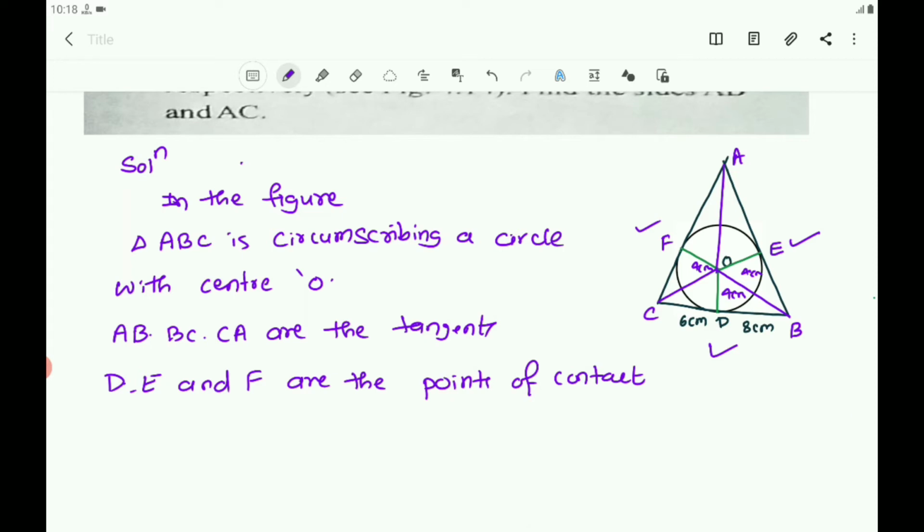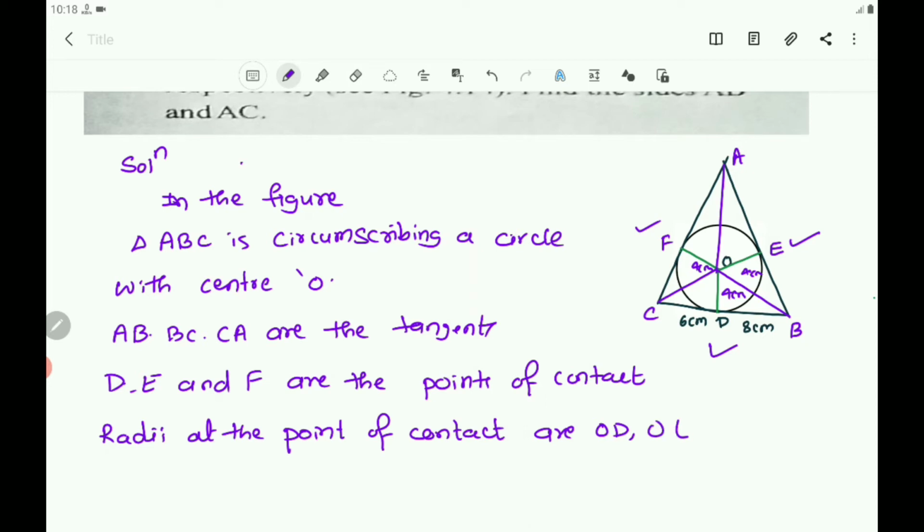So you write, radii at the point of contact are OD, OE, and OF.